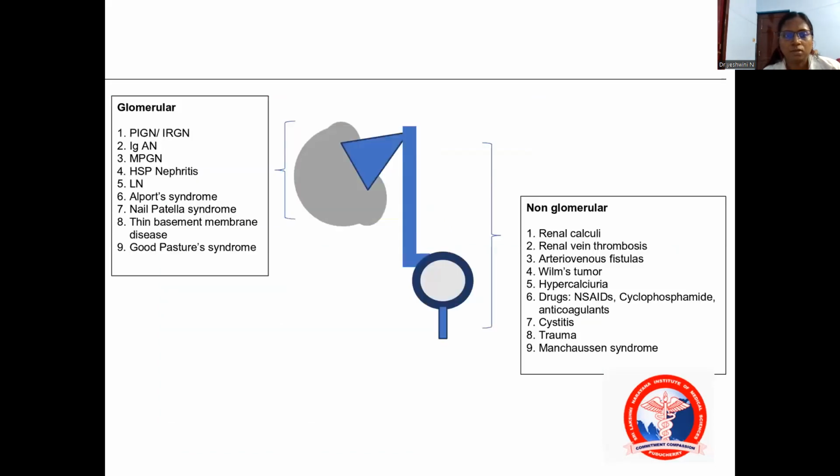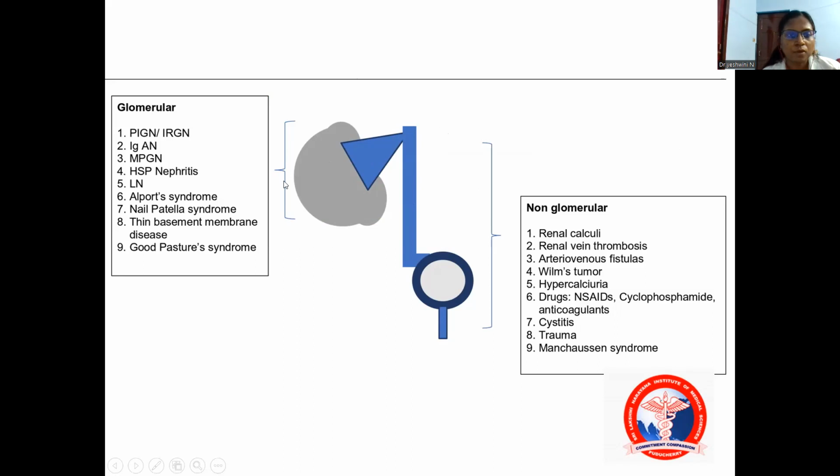Any hematuria can be from the upper urinary tract or the lower urinary tract. What is the upper urinary tract? You already know the parts of the nephron: first the glomerulus, followed by the tubules, PCT, loop of Henle, DCT, and collecting duct, then the pelvicalyceal system, then the ureter, then the bladder and urethra.